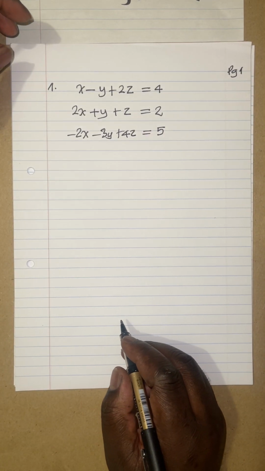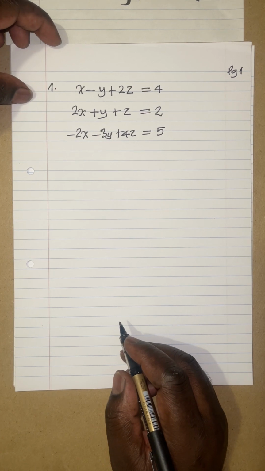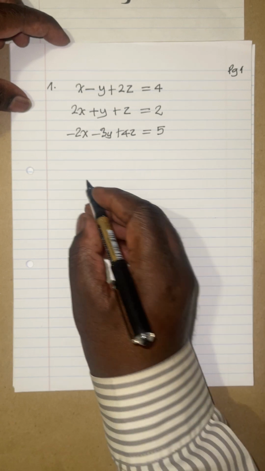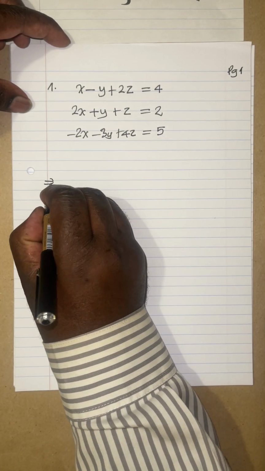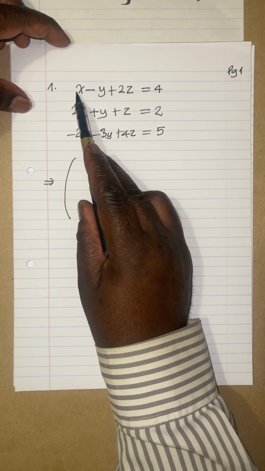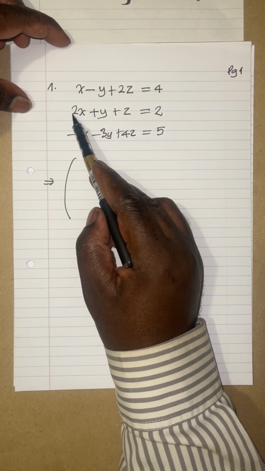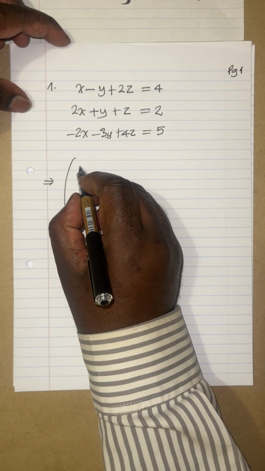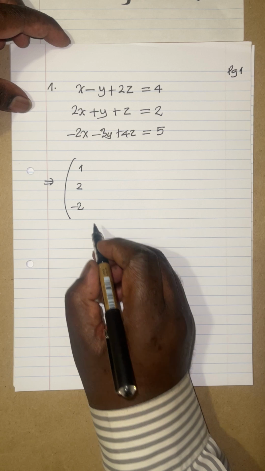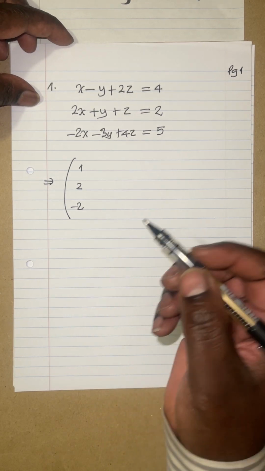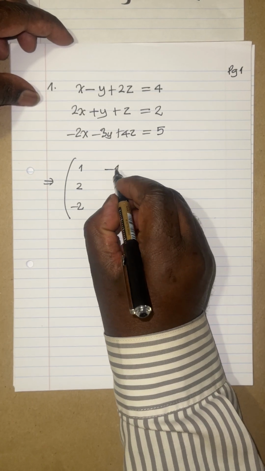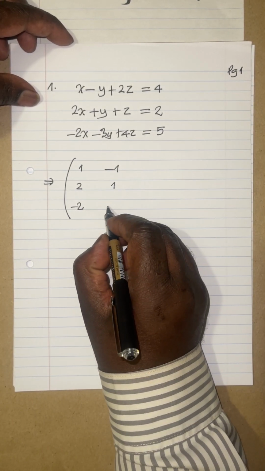Now, like I said last time, rewriting these equations in one matrix equation, it's going to be as follows. We have here the coefficient matrix. Talking about coefficients of x, y, and z, we have 1, 2, and minus 2 in the first column. Moving on to the next column, it's going to be minus 1, 1, minus 3.